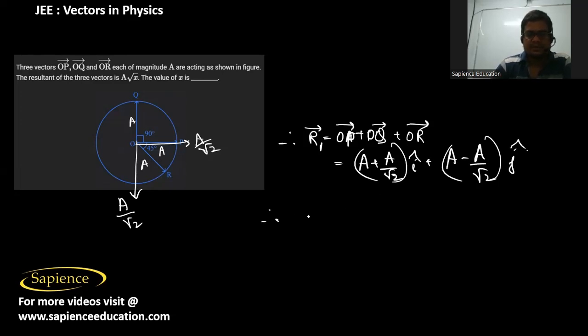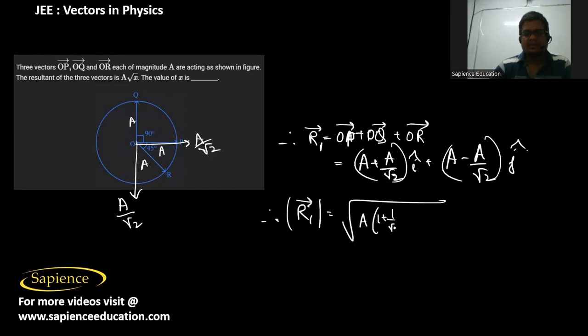Therefore, we have to find the magnitude of the resultant. That will be equal to square root of A into (1 plus 1 by root 2) whole square plus A into (1 minus 1 by root 2) whole square.